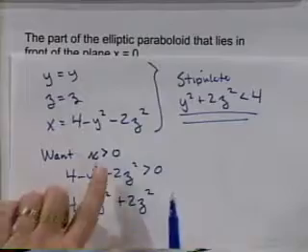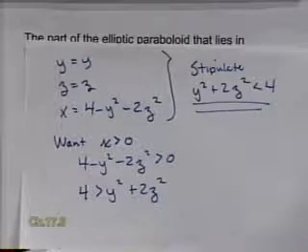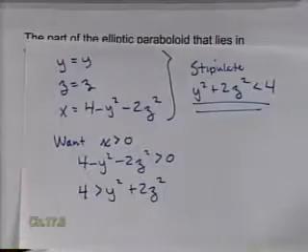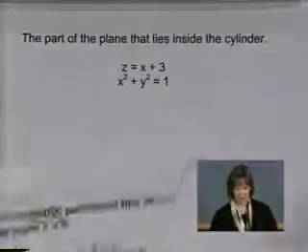Because if that happens, then your x is greater than 0 and you're going to be to the right of that plane. But a lot of times, if you have an equation in terms of x, y, and z, see what variable you can solve for, and then your parameters are the other 2 variables. And it's that easy.